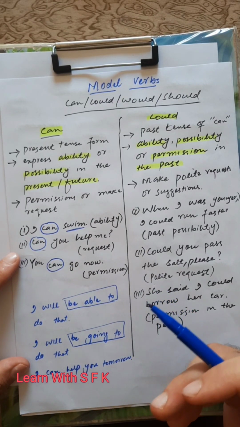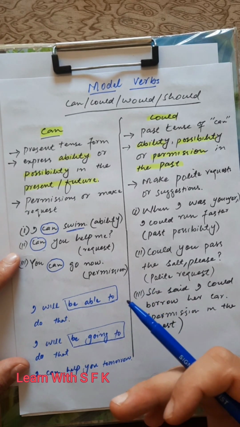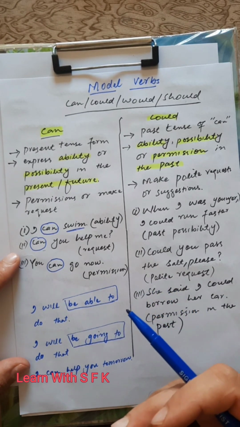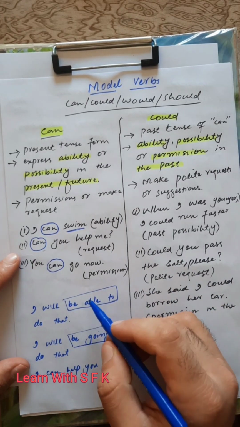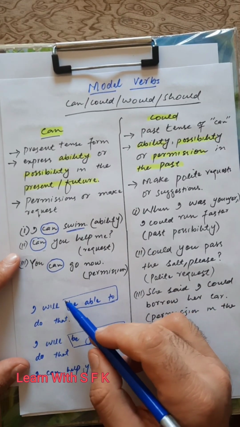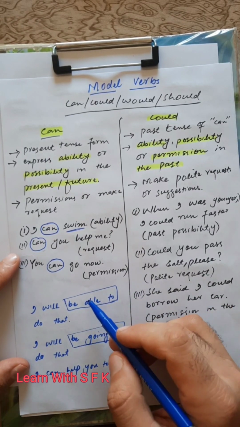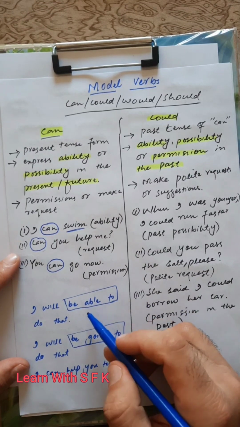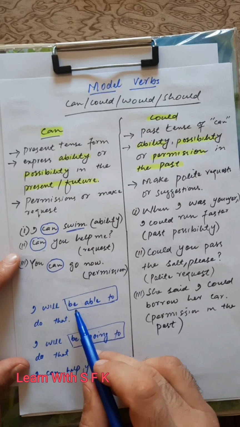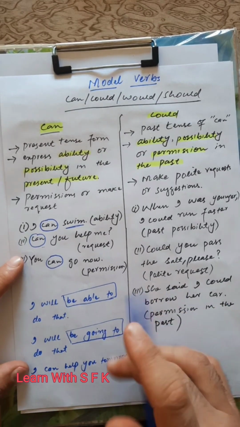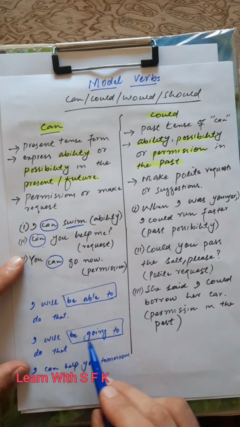By saying this, I am giving a sense of possibility that I can do this in the future. So we can express the future by using be able to, or by using be going to.